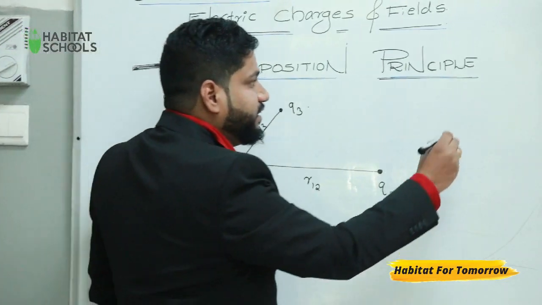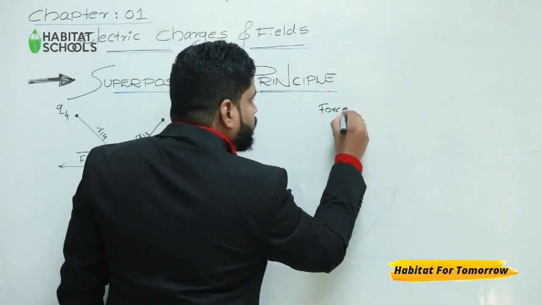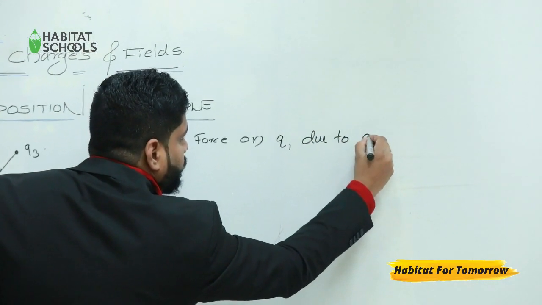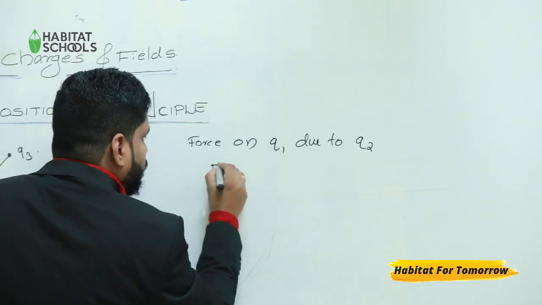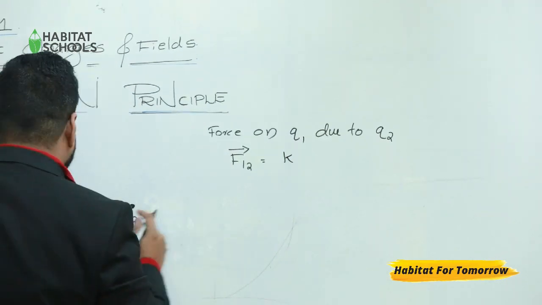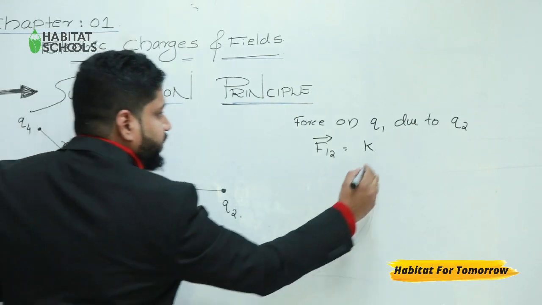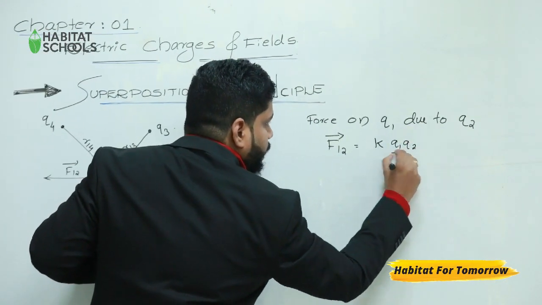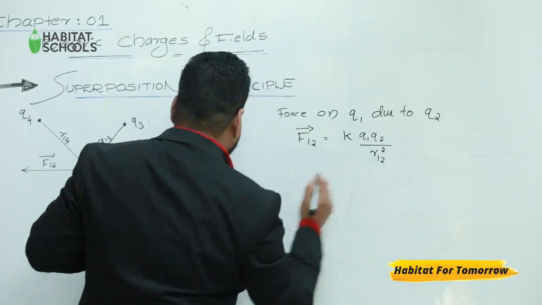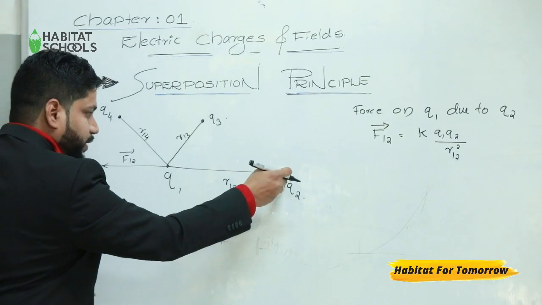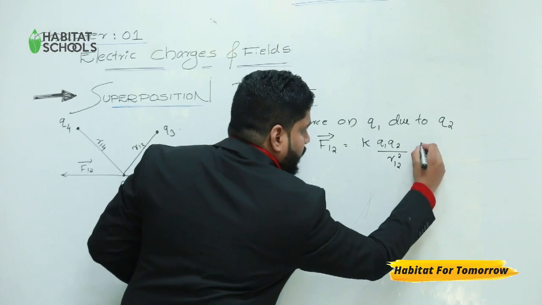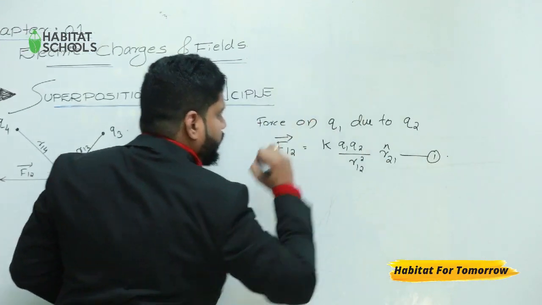So here you can write the force on charge Q1 due to Q2, that is F12, is equal to, instead of 1 by 4 pi epsilon 0, you can write K, then K Q1 Q2 divided by, what is the distance? R12. So R12 square, then this vector is directed from Q2 to Q1, so the unit vector you can write is R21 cap, equation number 1.